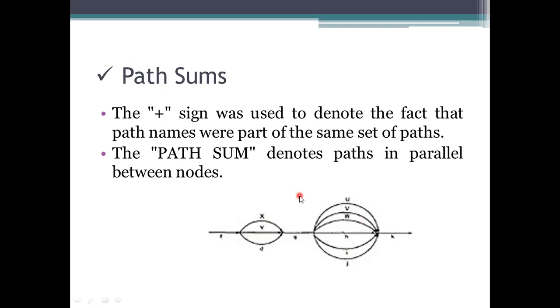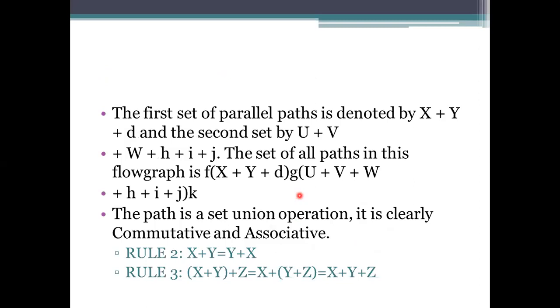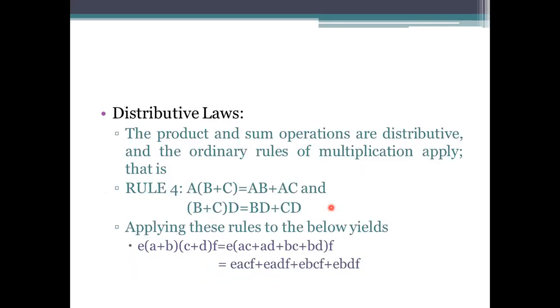The summation includes the names of the links followed by the plus symbol. Based on that representation, we consider two rules for processing, which are the commutative and also the associative, rule 3 and rule 2. And coming to the next law, which is the distributive law.